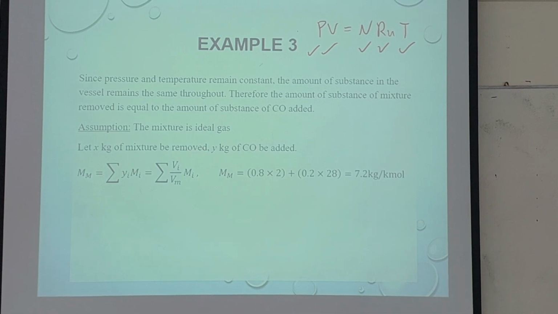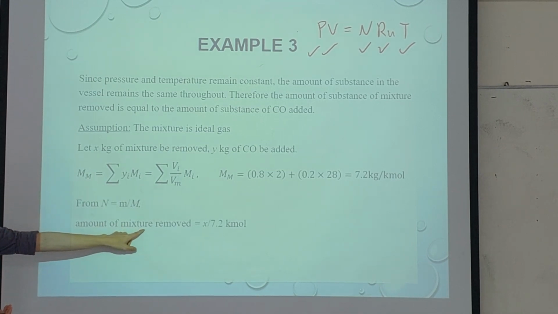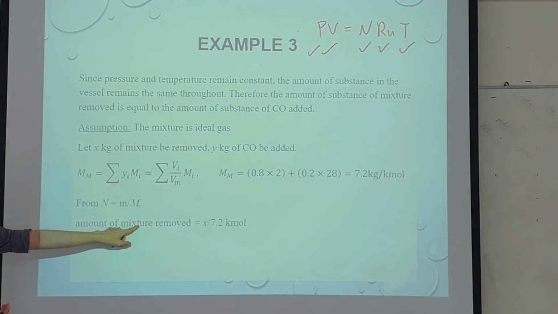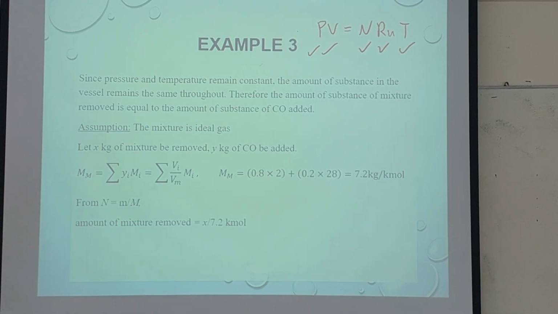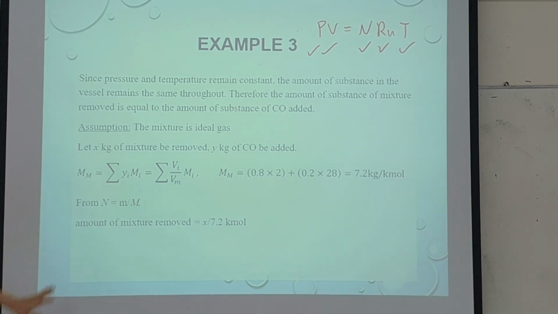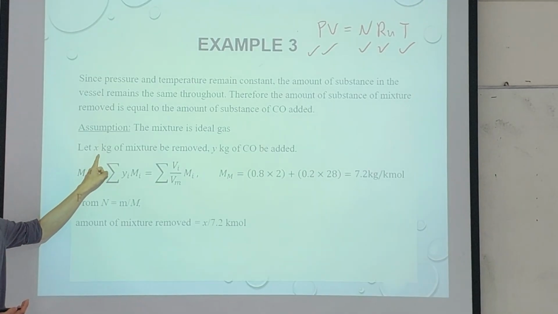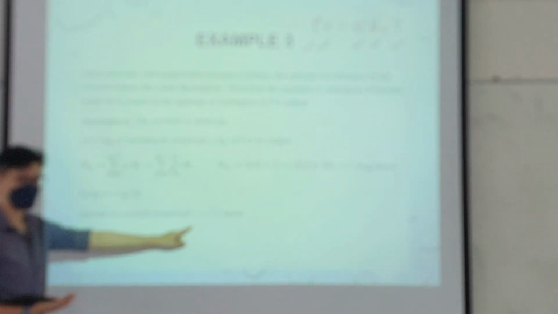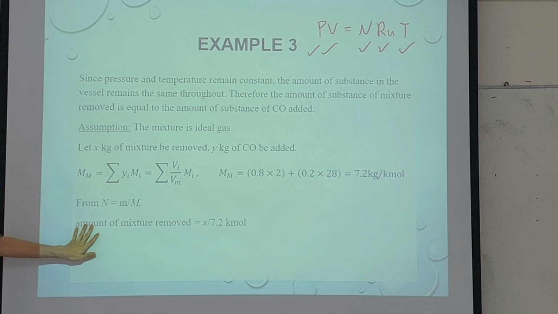Then from there, you can get the number of moles of the mixture removed. This is mole. When we say amount here, we are always talking about either volume or mole. So X was the kg removed, and we use X divided by 7.2. This is the number of moles that we are removing.